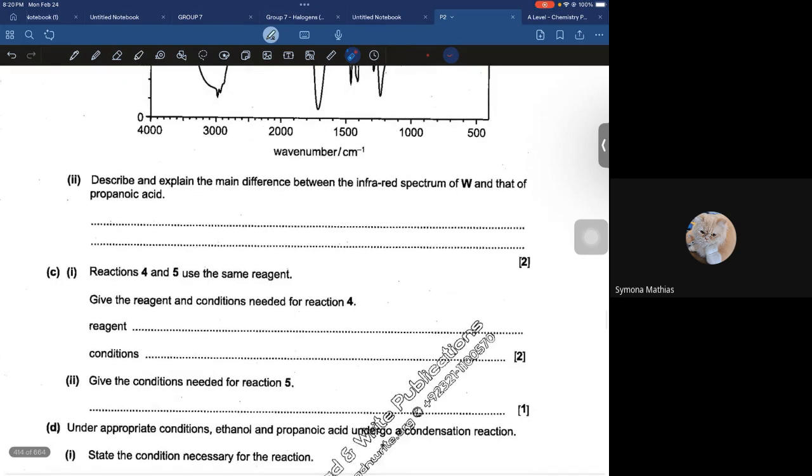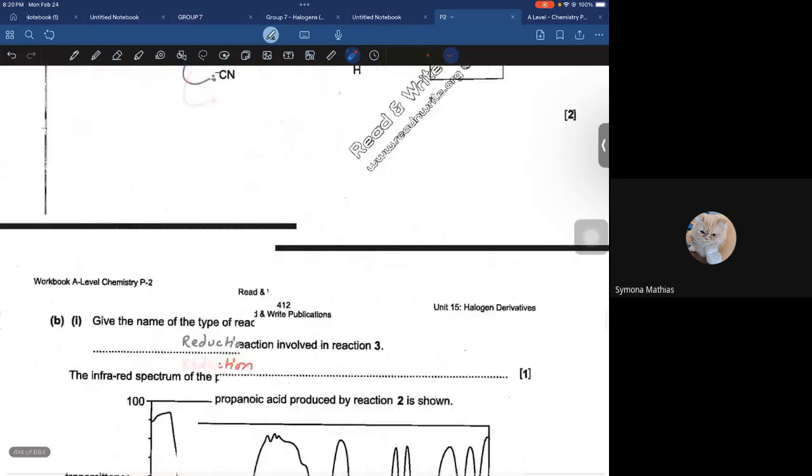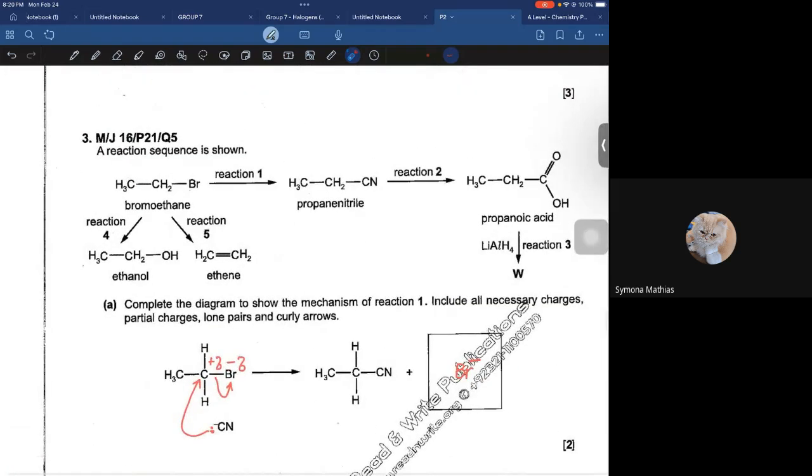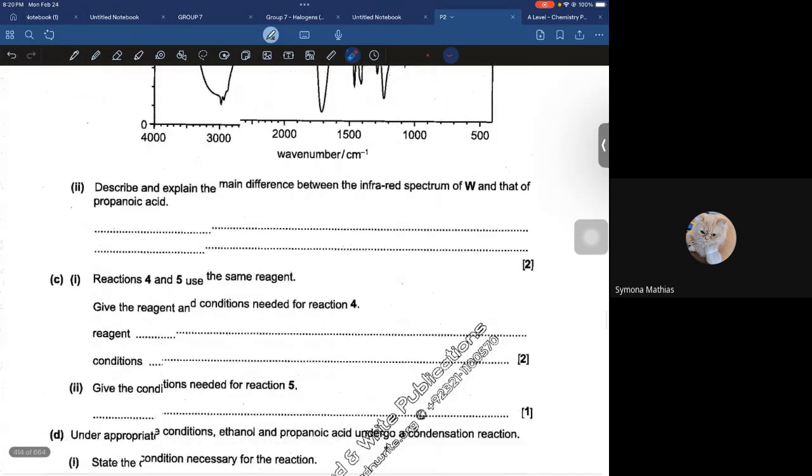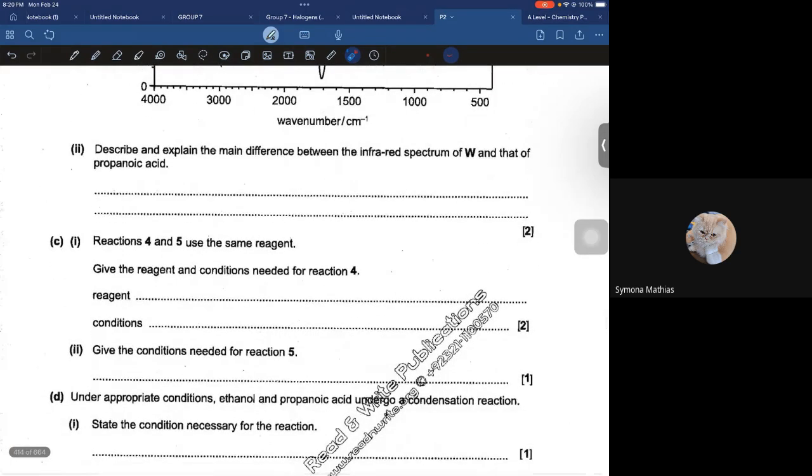So see, reactions 4 and 5 use the same reagent. Okay, let's see. This is reaction 4. This is reaction 5. They are saying that reactions 4 and 5 use the same reagent. Give the reagent and conditions needed for reaction 4.